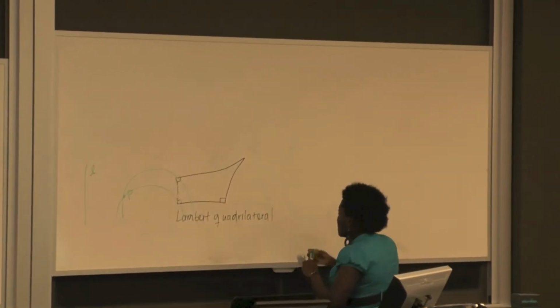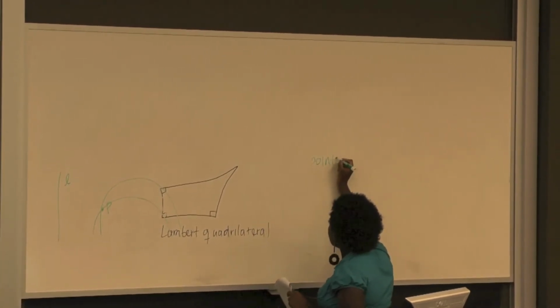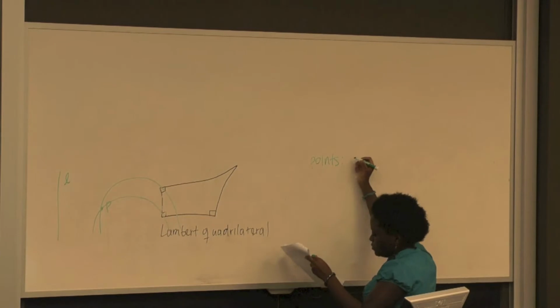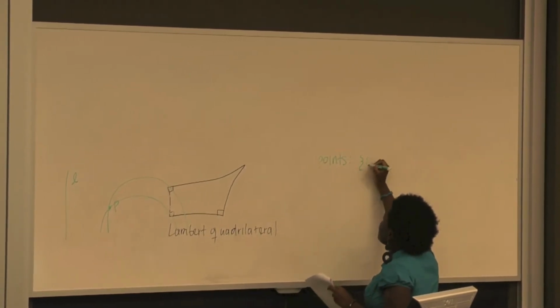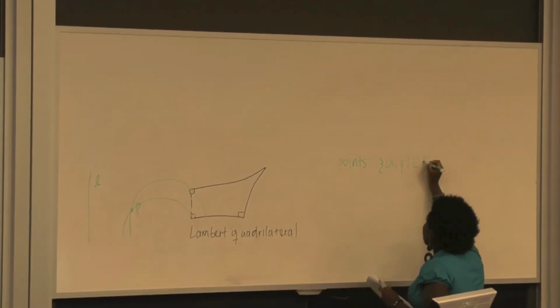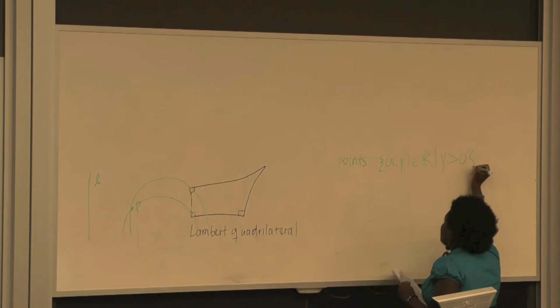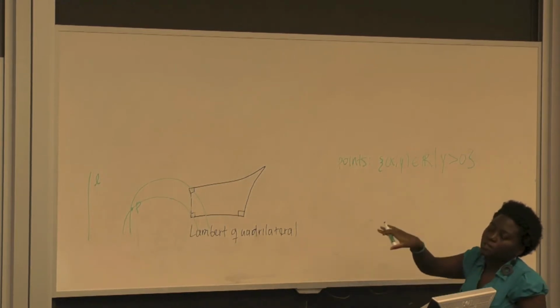So the points look like (x, y) in R2 such that y is strictly greater than 0. So we want everything except the points on the x-axis.